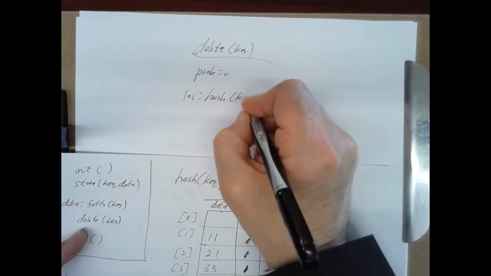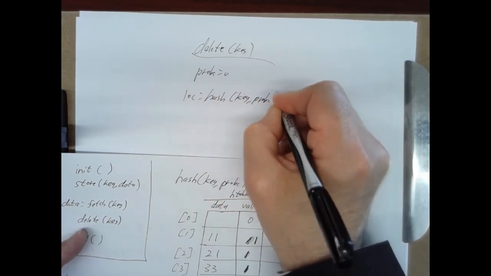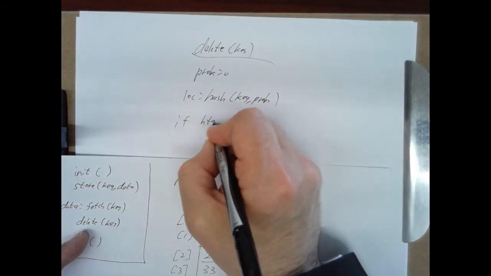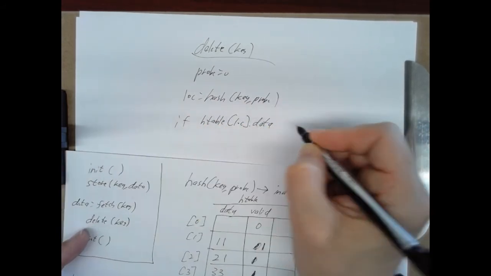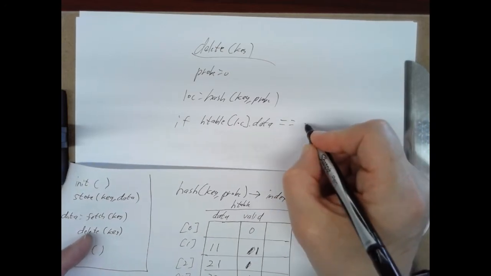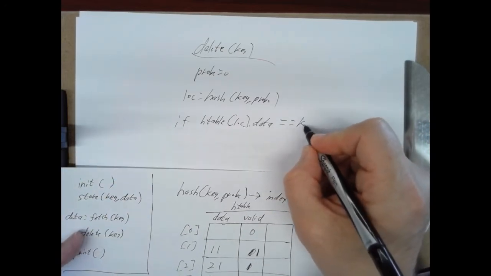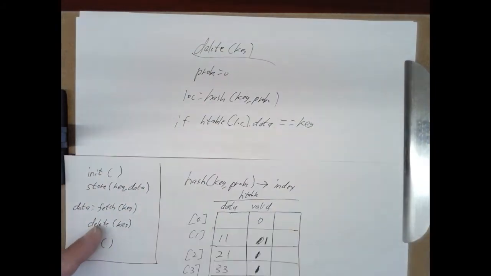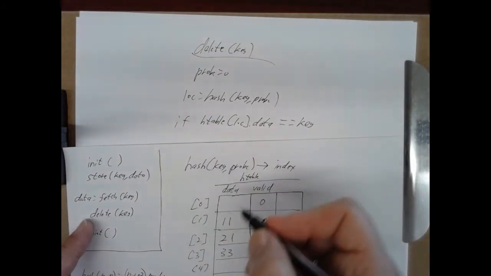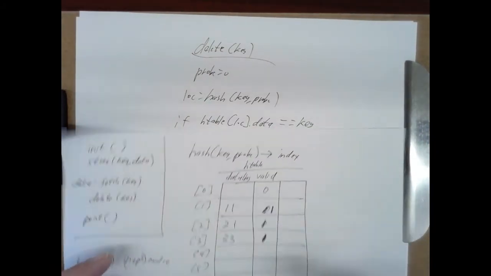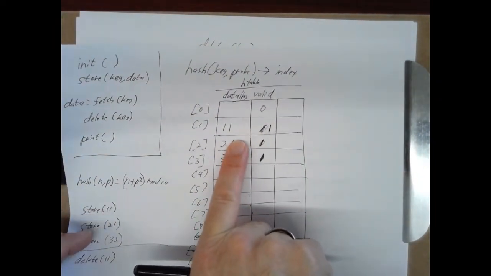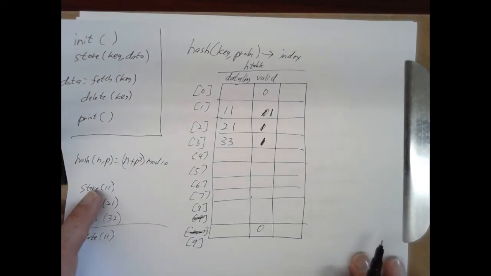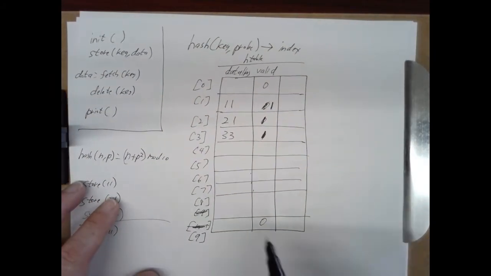Hash your key with that probe. So we also have to store keys in here. But hash your key, look in the table, see if you find the thing that you're trying to delete. Okay? If you do, then you go ahead and you clear the valid flag.